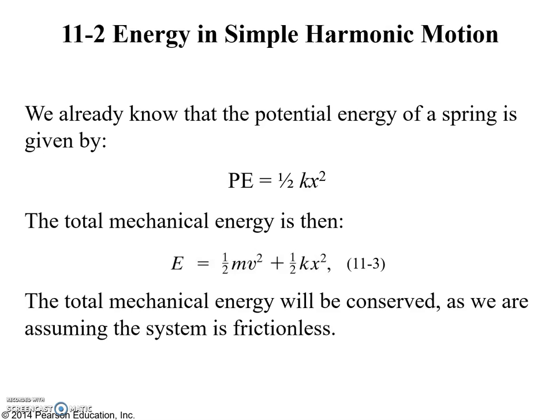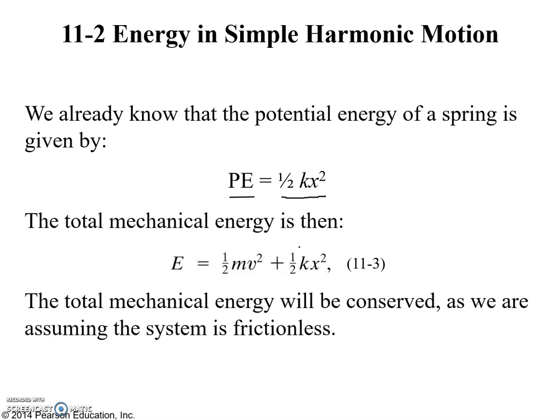If we recall, the elastic potential energy stored in a spring is equal to 1/2 kx squared, where x is the distance that the spring has been either stretched or compressed from its relaxed position. So at any point in time in the motion of our simple harmonic oscillator, we could calculate how much potential energy is stored within the spring.